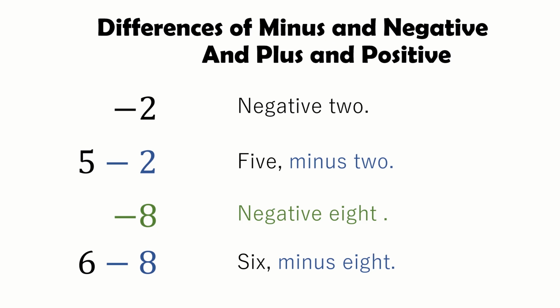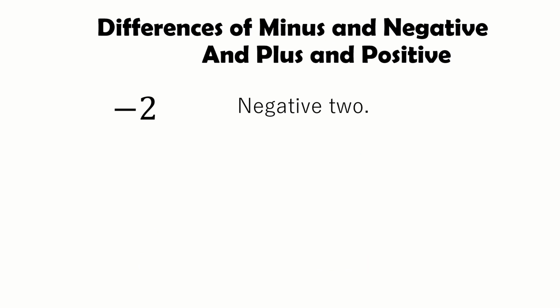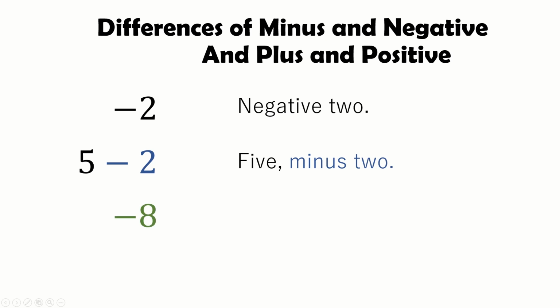So just remember, whenever an operator is next to the number, we usually say negative. Okay, -2. And when you're subtracting, 5 minus 2, you can always say minus. So this is -8 and this is 6 minus 8.